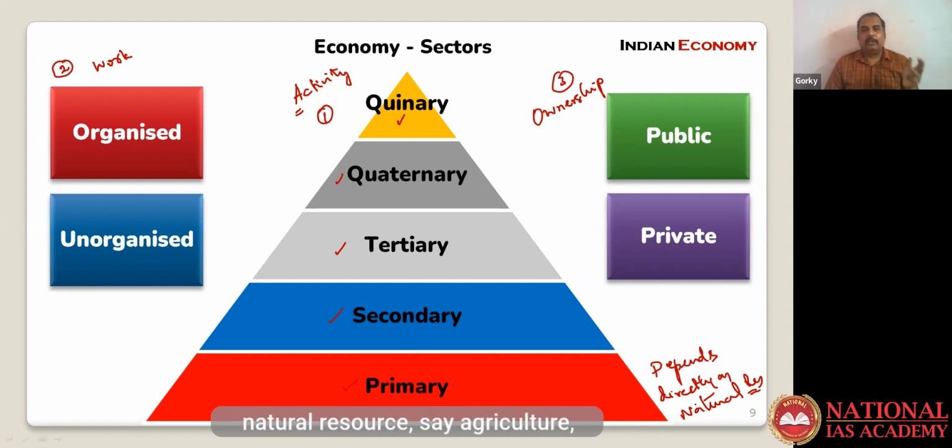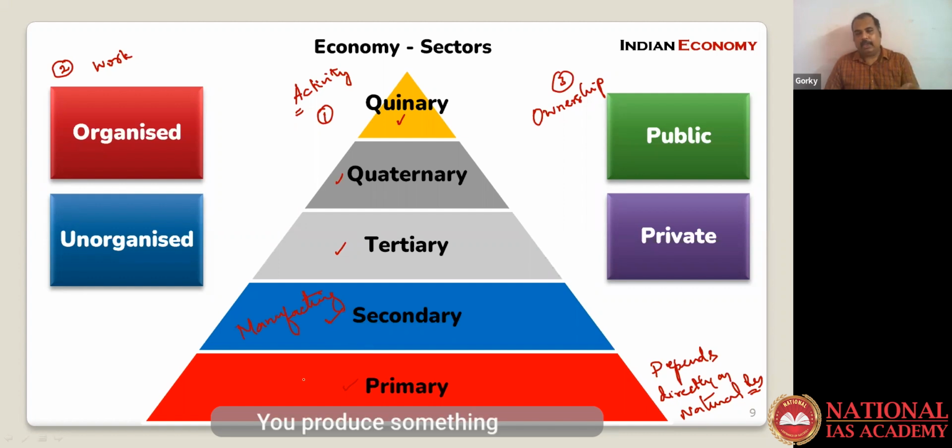Say agriculture, agriculture allied activities, mining, forestry, minor forest produce. All these directly depend on nature, without which they cannot be done. That we call primary activity. Whereas secondary activity is something which involves manufacturing.